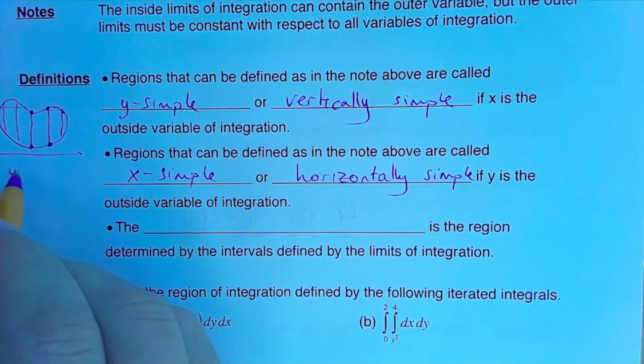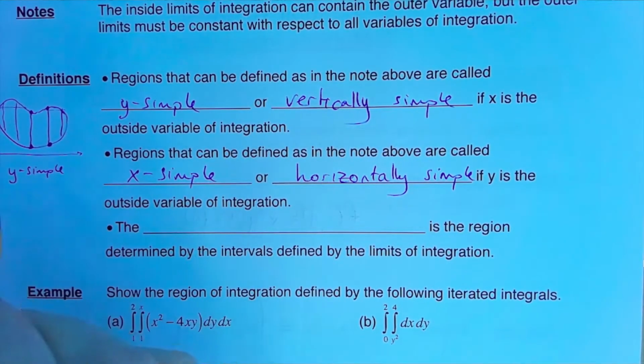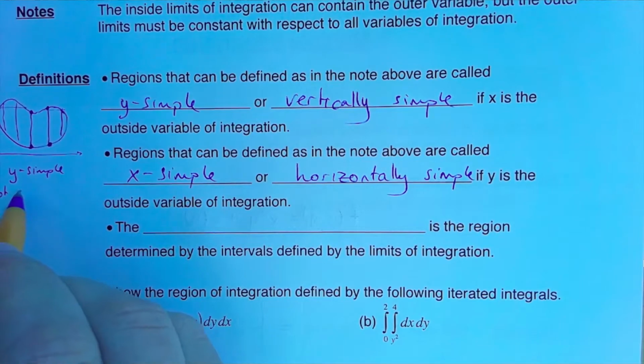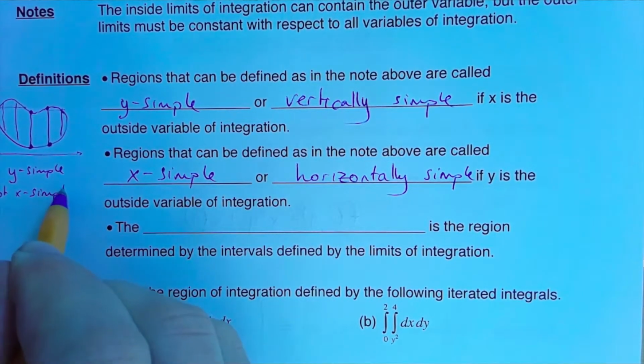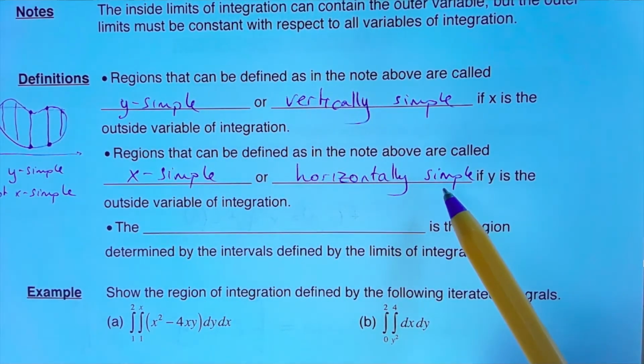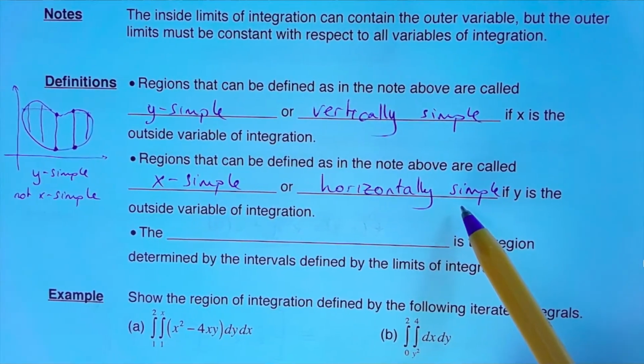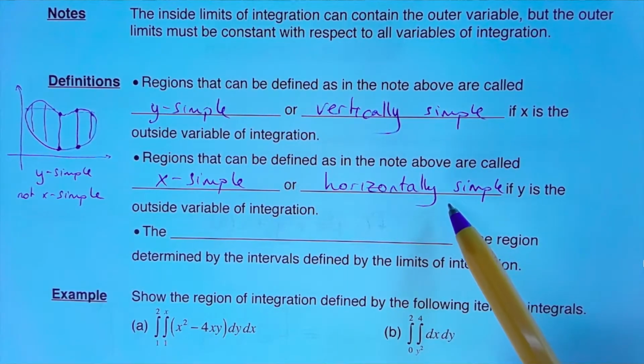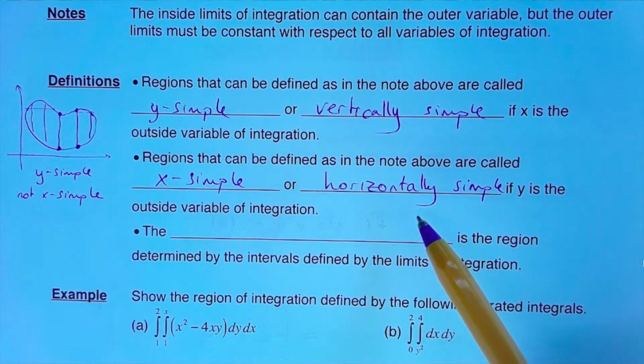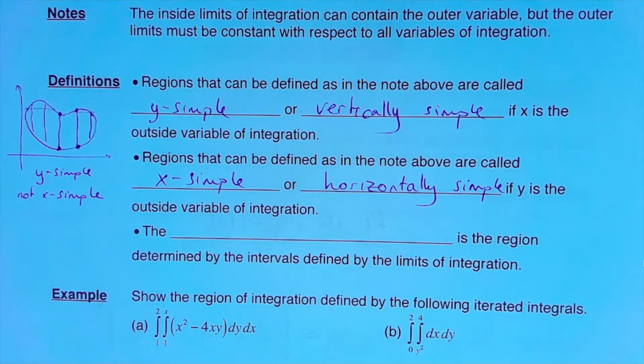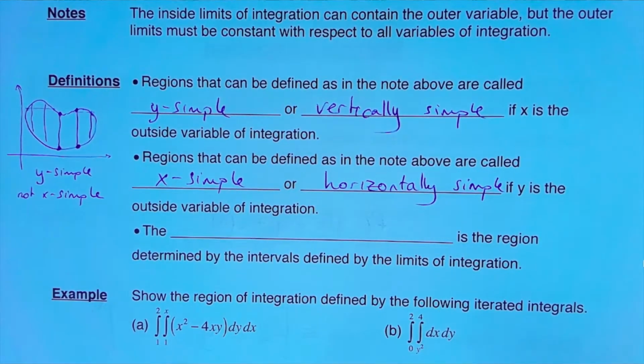So this is y-simple. It's not x-simple. Actually, these two terms are really not so important. What's important is that we figure out, when we have a region of integration, what should we pick for the inside and what should we pick for the outside variable of integration. And it's going to come down to logic.